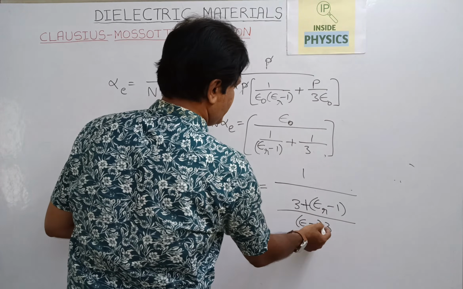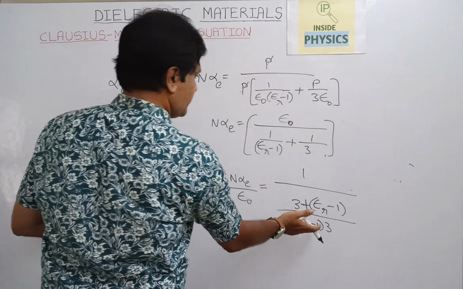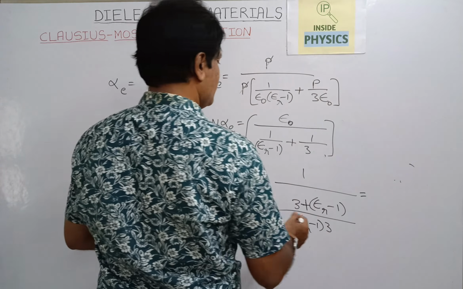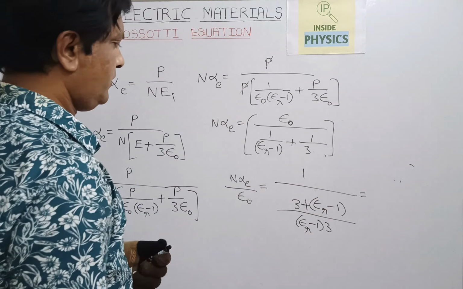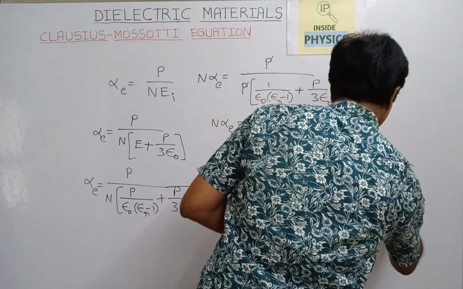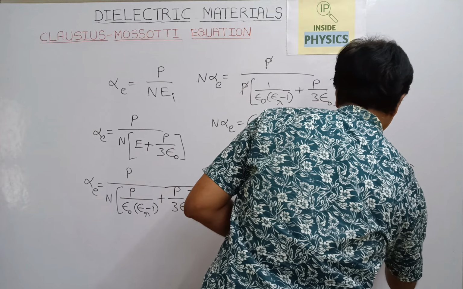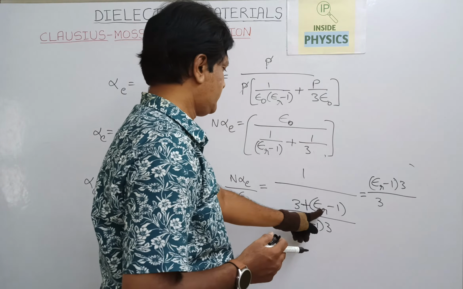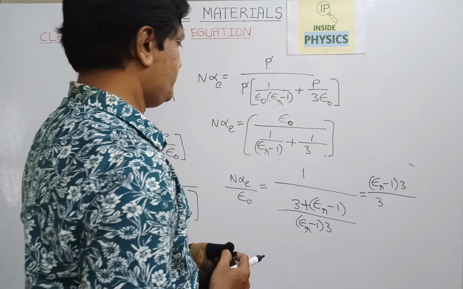If you redistribute these terms, this will become epsilon r minus 1 plus 1 by 3. So this term goes to the numerator. Here epsilon r minus 1 goes to the numerator. Three plus epsilon r minus 1, what can we write here? 3 minus 1 will become 2.